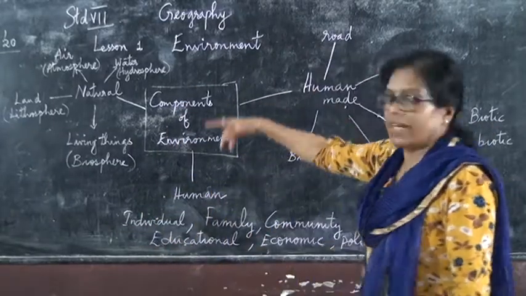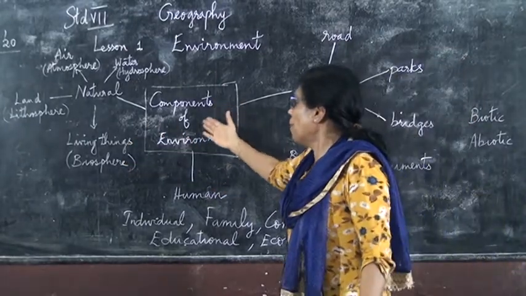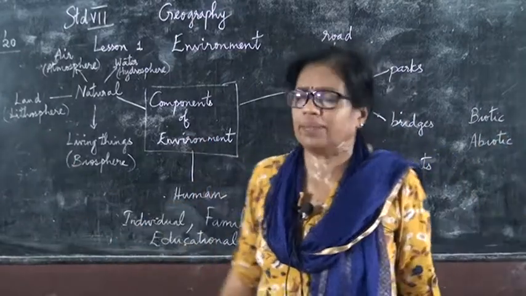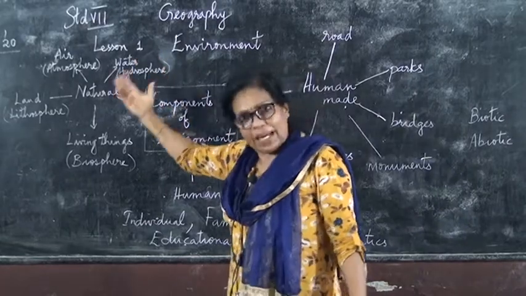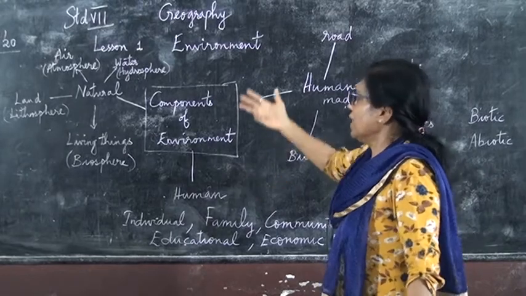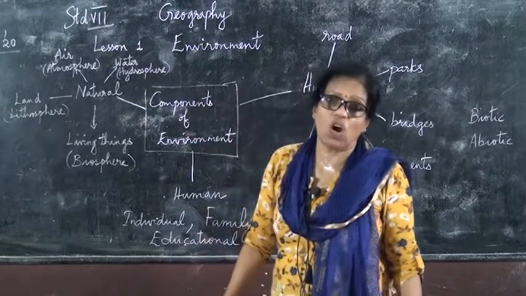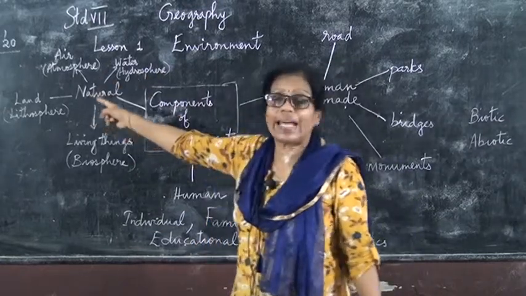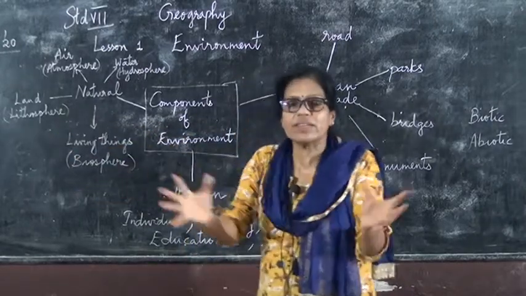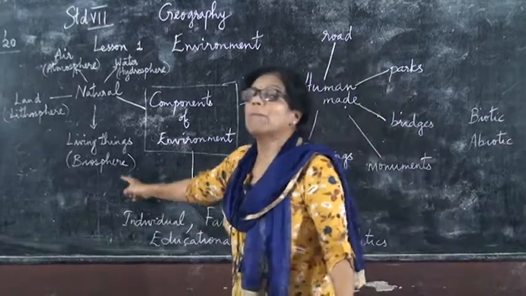Now here I have written in the textbook, when you open the textbook you can see this pattern. Components of environment. What is there in the environment? Components are natural, made by nature, and human made. Natural includes water, called hydrosphere, air, called atmosphere, land, called lithosphere, and living things, plants and human beings, which we call biosphere.